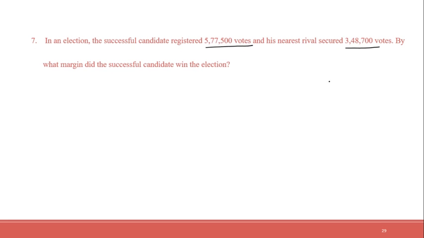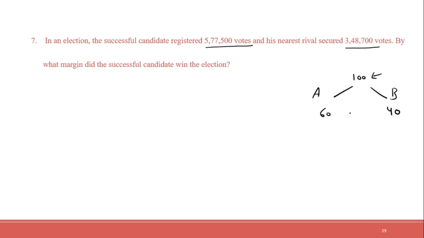Okay, so first understand the concept of votes. If I say total votes cast are 100, and there is candidate A and candidate B. Candidate A gets 60 votes and candidate B gets only 40 votes.